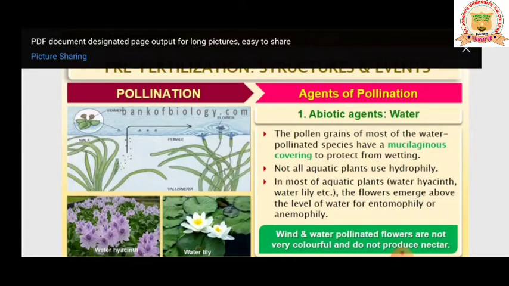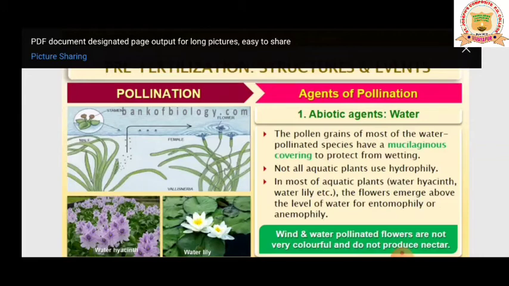Not all aquatic plants are hydrophilous. In most aquatic plants, like water hyacinth or water lily, the flowers emerge above the level of the water for entomophily or anemophily. So there are certain examples of plants growing in the aquatic region.